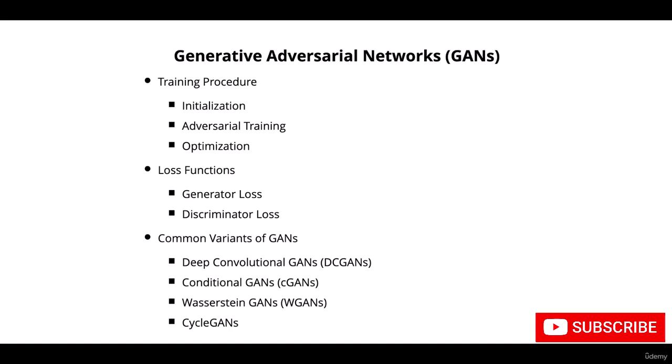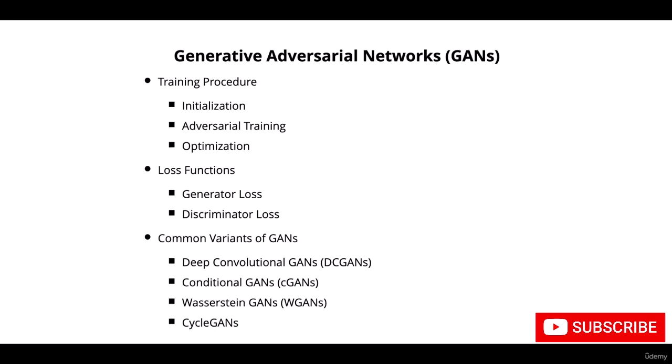For the training procedure, it's 3 steps. First is initialization, where you initialize the parameters of the generator and the discriminator networks. The next step is adversarial training, where the generator generates fake samples from random noise. The discriminator classifies both real and fake samples as real or fake. The generator is trained to produce samples that fool the discriminator, maximizing the probability of fake samples being classified as real.